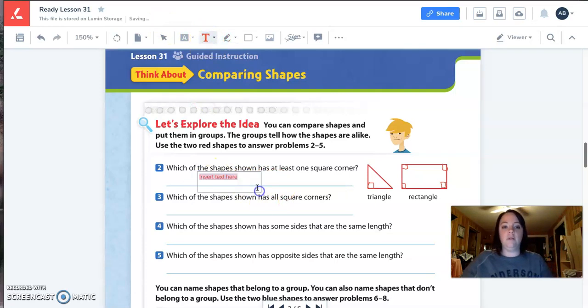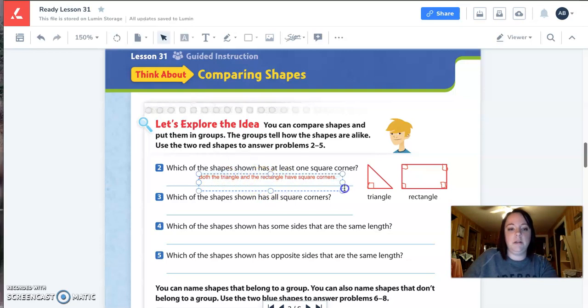Well, both the triangle and the rectangle have square corners. Just like that. I'm going to make this a little bit wider so we can move this right down onto the line.